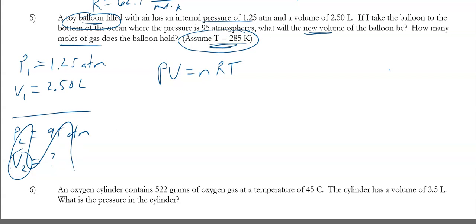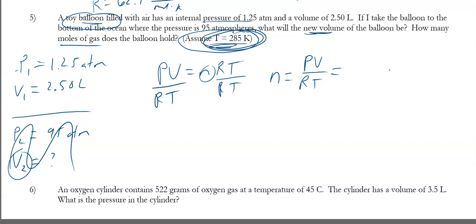Let's rearrange that to solve for moles. I'm going to divide by RT, so moles is equal to PV over RT. Now we have our pressure, we have our volume. What's our temperature? 285 Kelvin is given to us here, so T1 is 285 K. And then we need our R value.